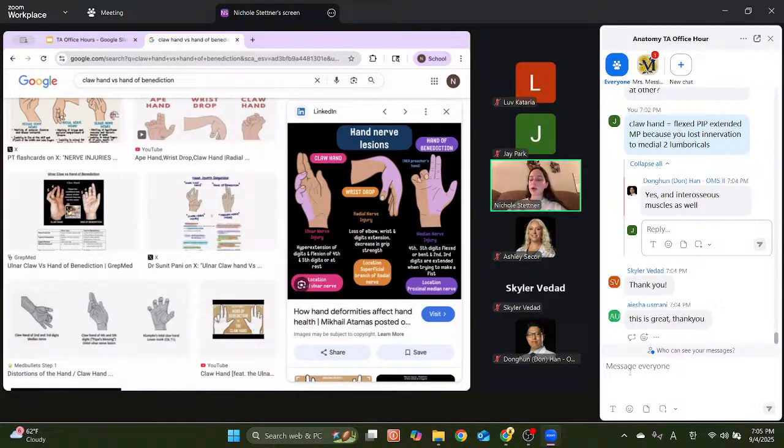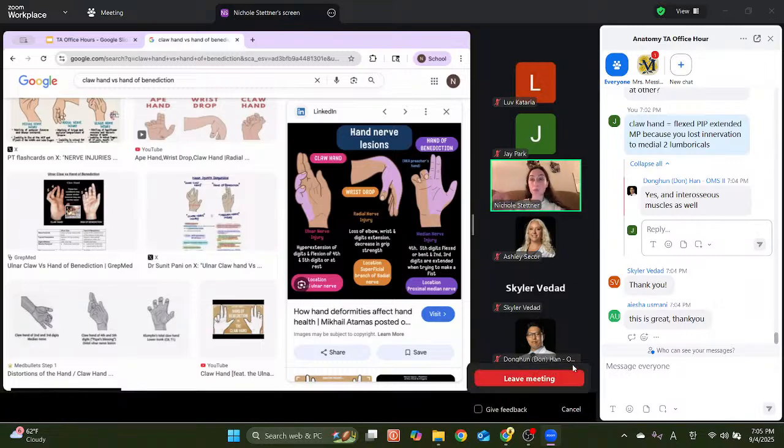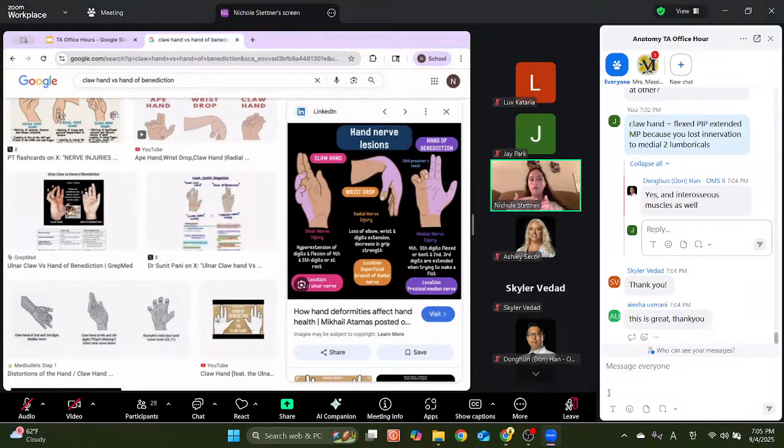The FCU, I forget where exactly it attaches, but it's going to be before it goes to Guyon's canal, and that's basically the whole extent of the FCU tendon. So that's why that's different in the elbow versus the wrist.